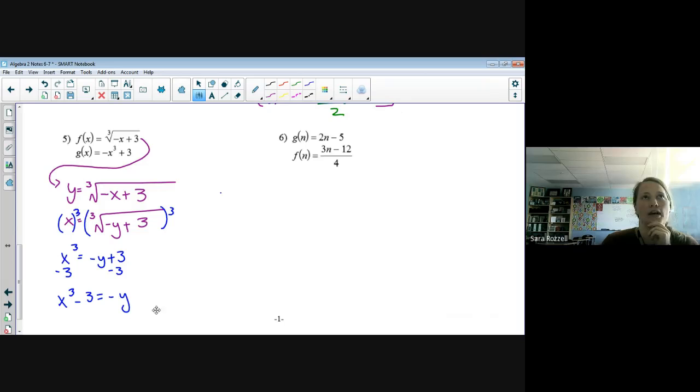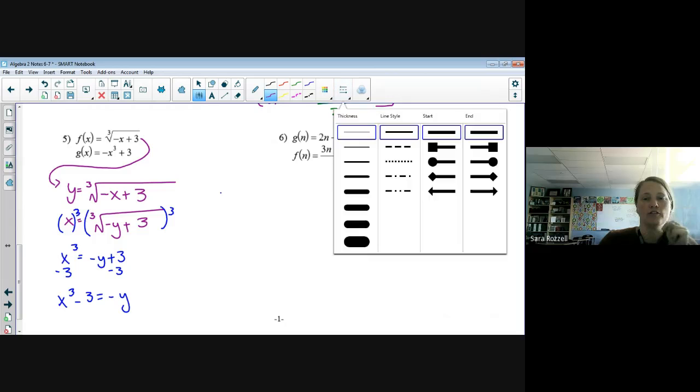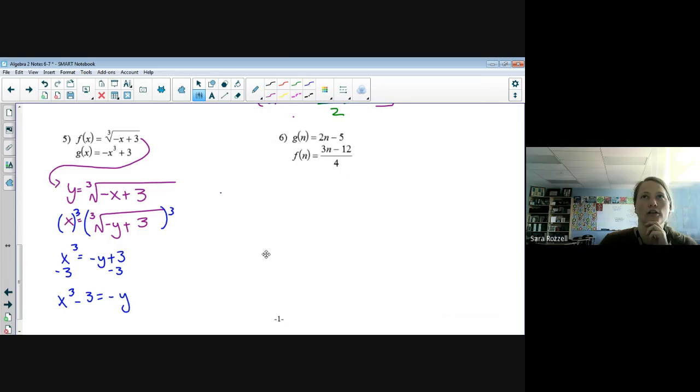Is the y alone yet? Nope, we have a negative in the front. How do you get rid of a negative? There are two different ways you can do it. You can either divide by negative 1 or multiply everything by negative 1. I like to divide just because I think it's kind of like a 1 in the front.